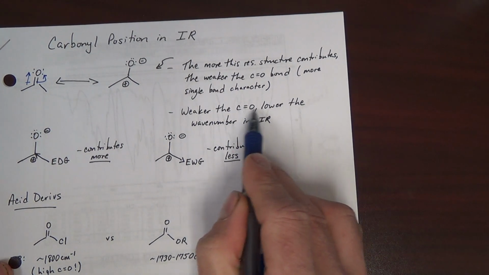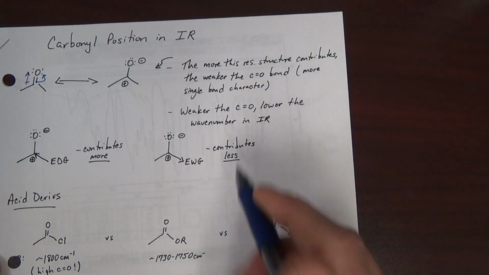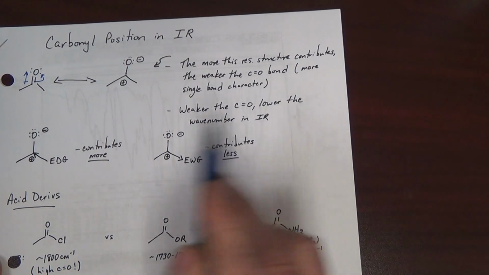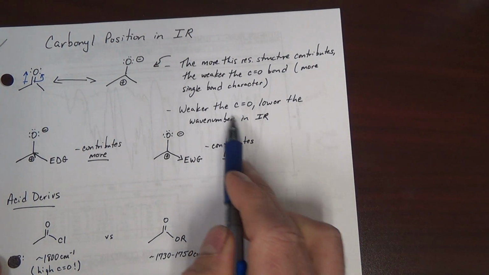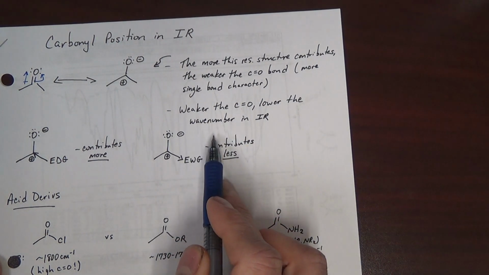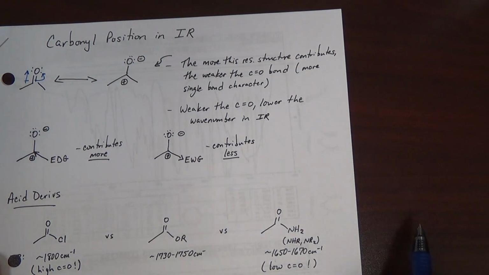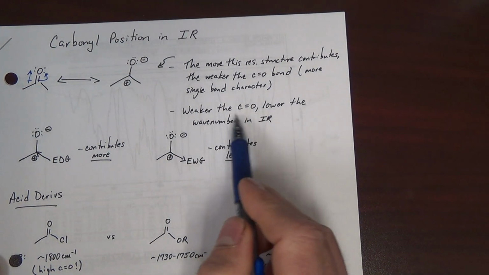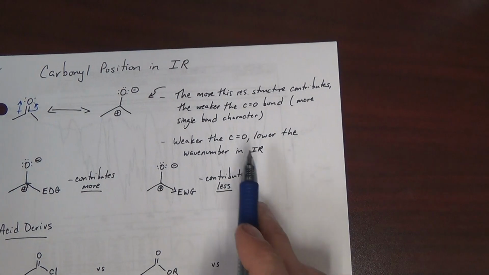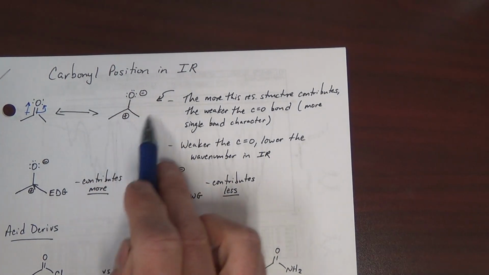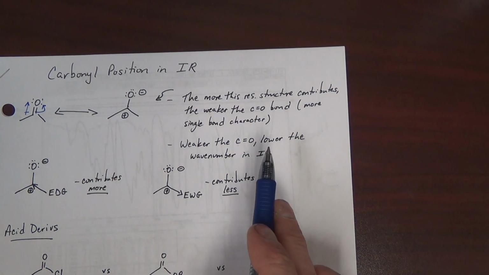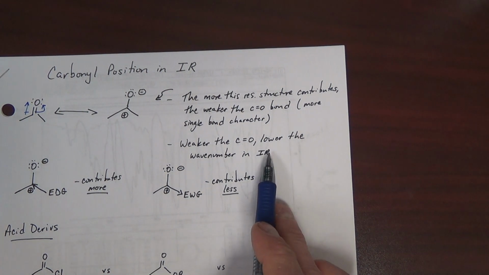The stronger the bond between the two atoms, the faster the bond will vibrate, such as by a stretch. Stronger the bond, higher frequency of that vibration. Higher frequency would equate to higher wave number. On the flip side, the weaker the bonding is, the lower the wave number. Ultimately, the more this resonance structure contributes, the weaker the bonding is, and the lower the carbonyl stretch will be in the IR.